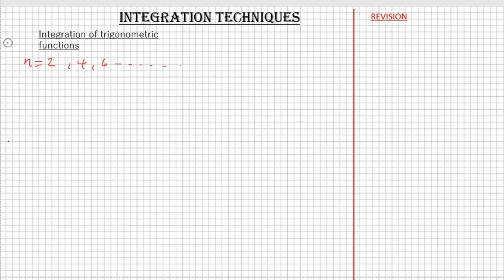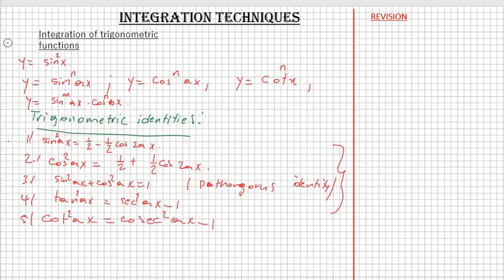Okay, for instance, if we have to integrate sine to the power of 4ax, so I need to write my exponent in such a way that I can apply the identity laws that I've written in the previous slide.